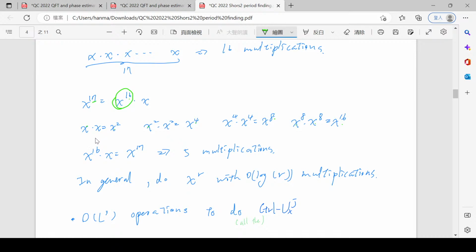So you only need to do 1, 2, 3, 4 multiplications here. Then you multiply by your x here, and you get your x17 with just 5 multiplications. Okay?